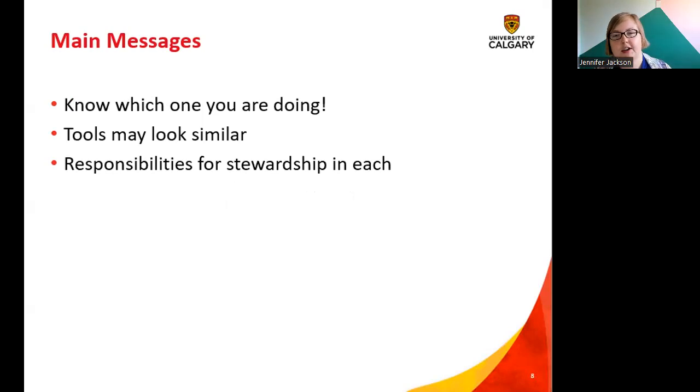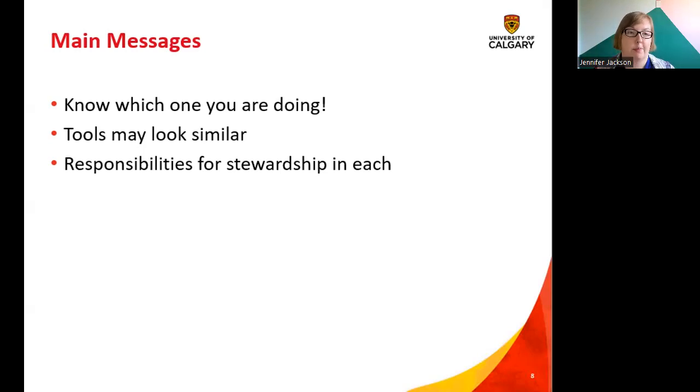Or you might do a clinical audit, see that we've got some deficits here, and then do a quality improvement project to try and transform care. So these do mix together, or they overlap in different ways, but I've tried to go through them separately here just so we can be really clear about what each one does.